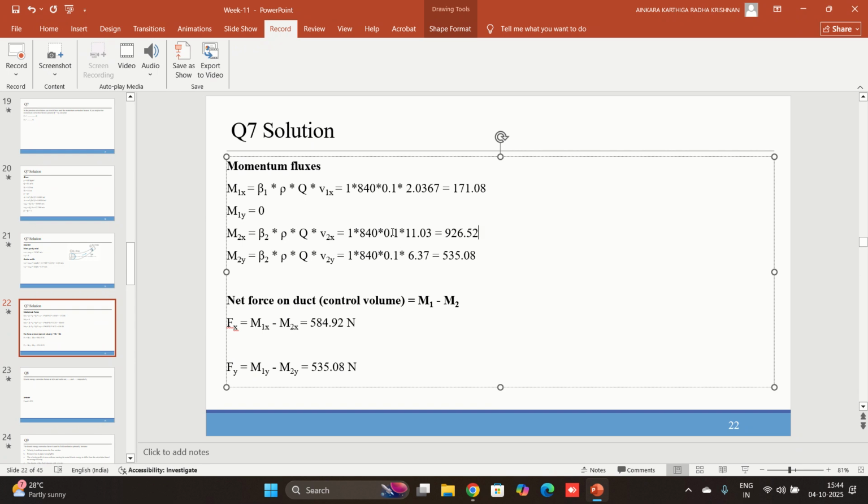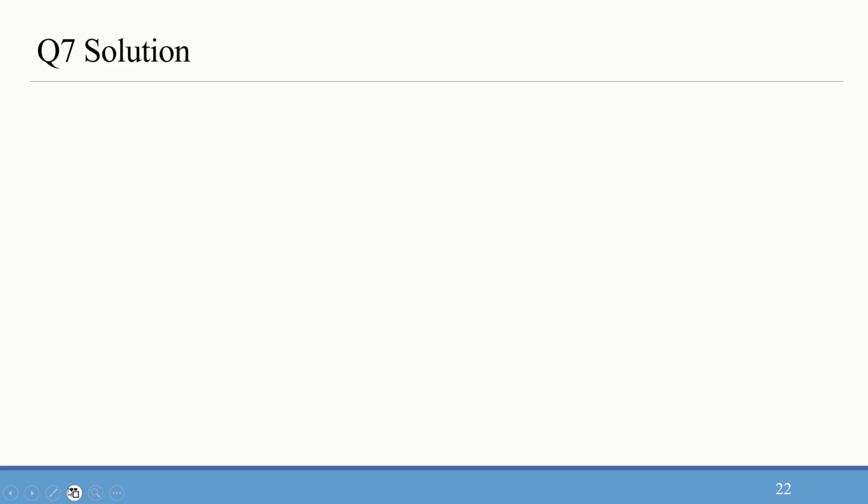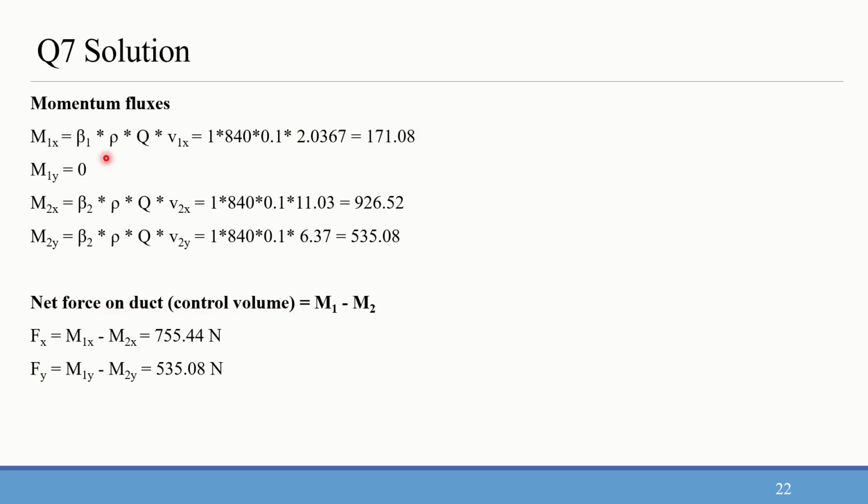So the net force acting on the control volume in the x direction is 926.52 minus 171.08, which gives 755.44. Similarly in the y direction, it comes entirely from the outlet section, 535.08.